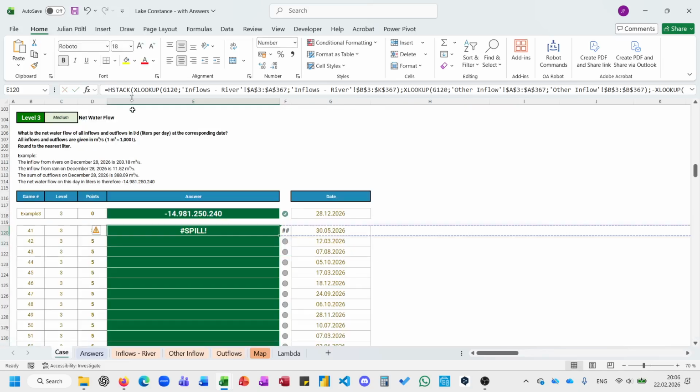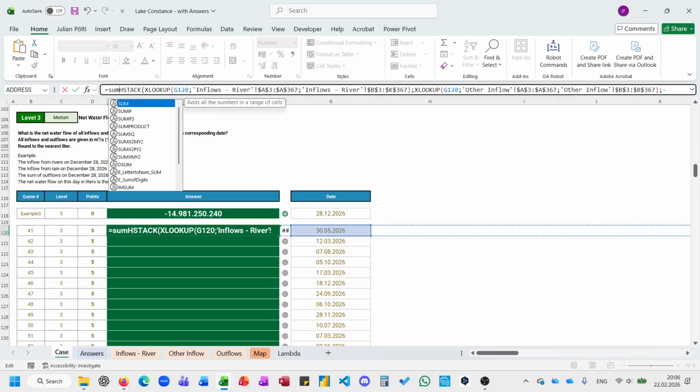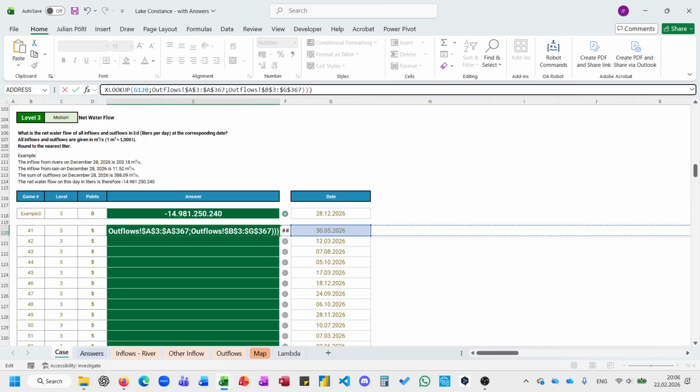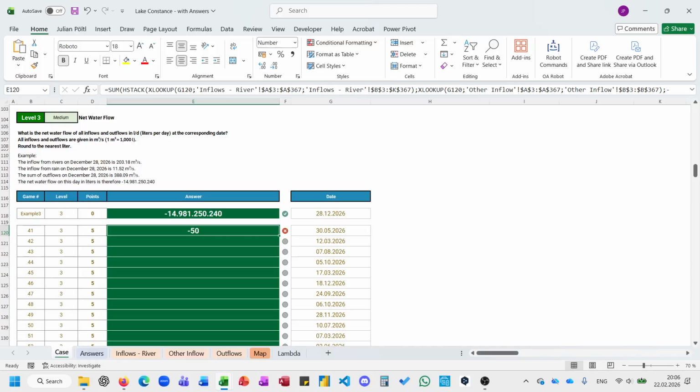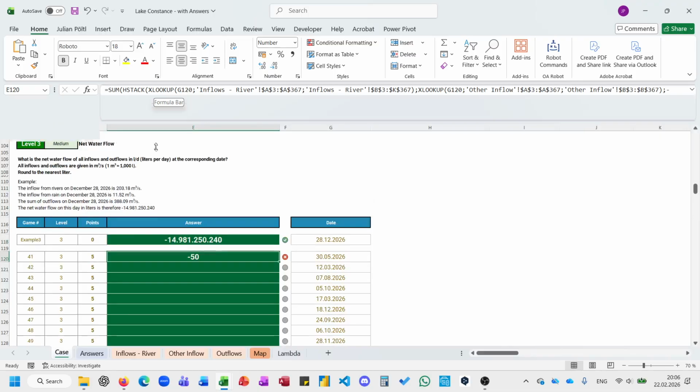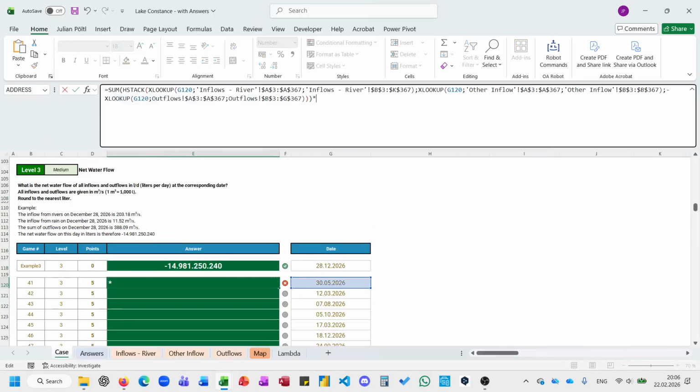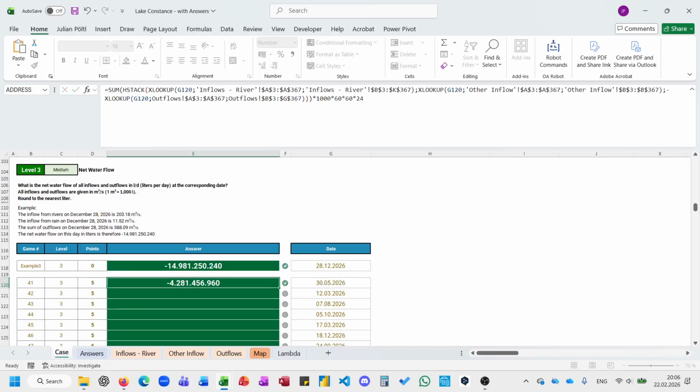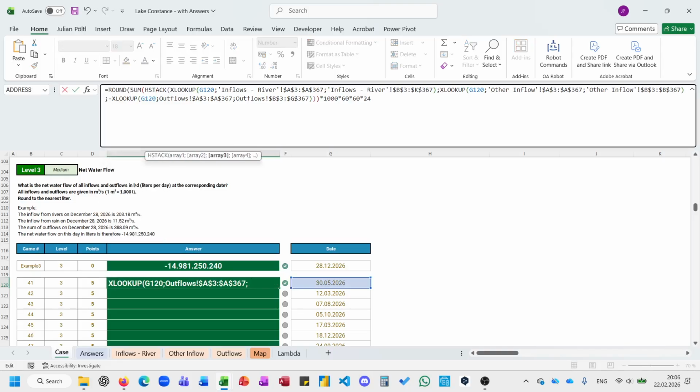And then we have here a spill array, and if we sum everything together, we have the net flow for the given day in cubic meters per second. And then again, times 1000 times 60 times 60 times 24, and rounding is recommended.